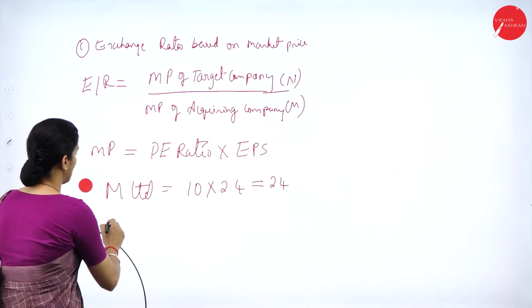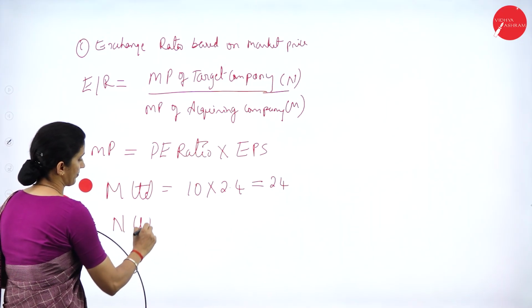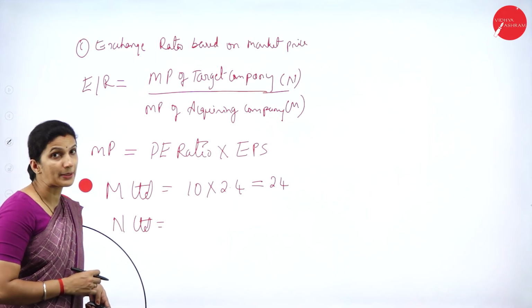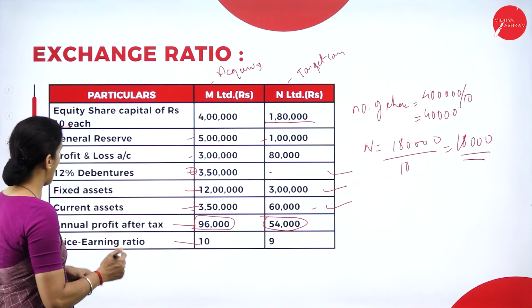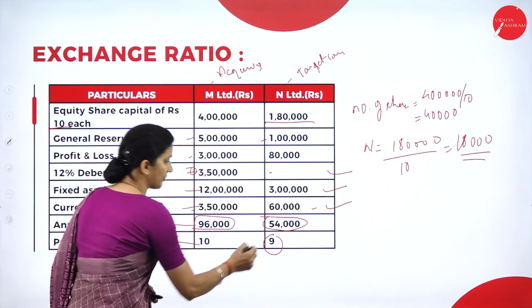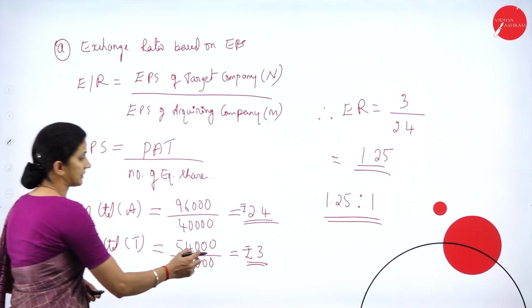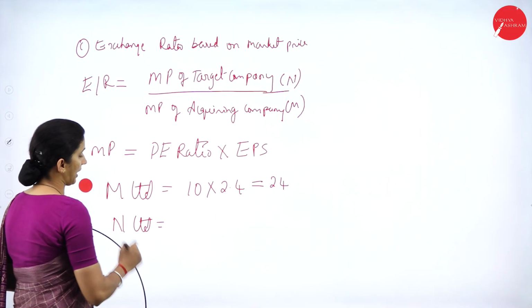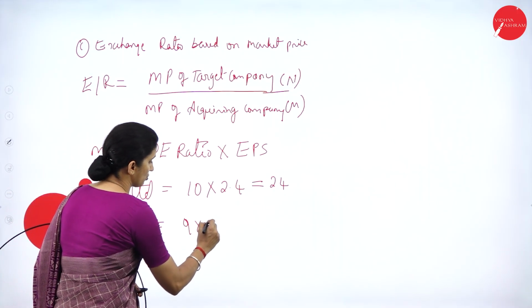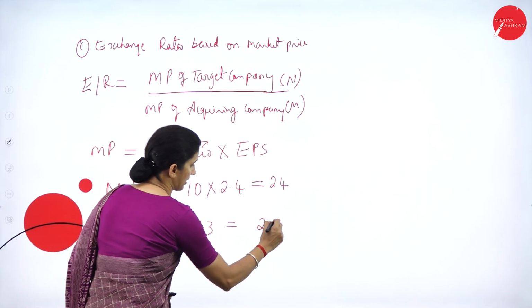In the same way, we'll calculate for N Limited, P/E ratio into EPS. Here the P/E ratio for N Limited is 9 and the EPS is 3. So the market price is 9 into 3, it is 27.